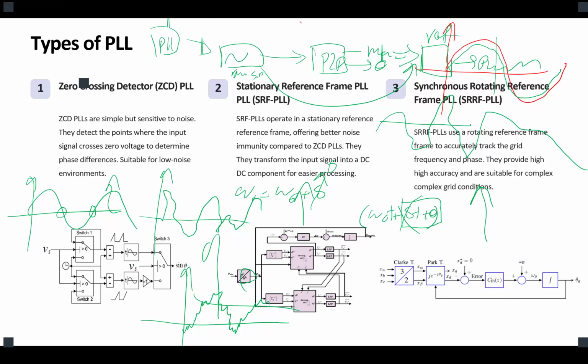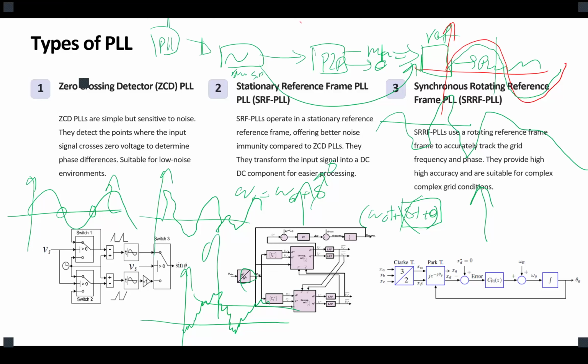What happens in the more advanced one where we don't have a stationary frame? We let the frame move too. So this is more advanced. Why? Because if the grid is unstable or unbalanced, then a stationary frame would not work. Why is that?